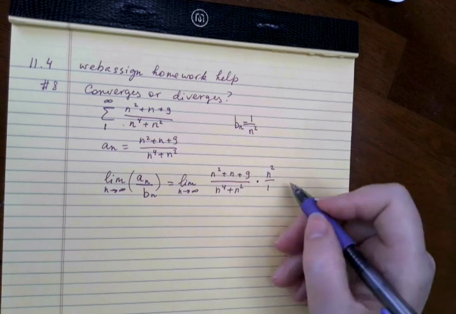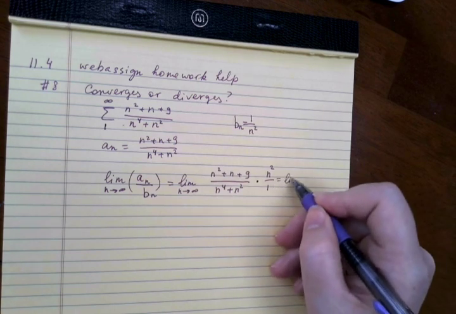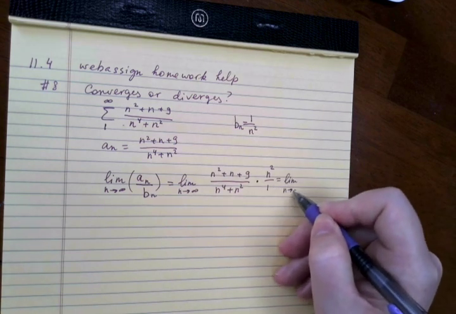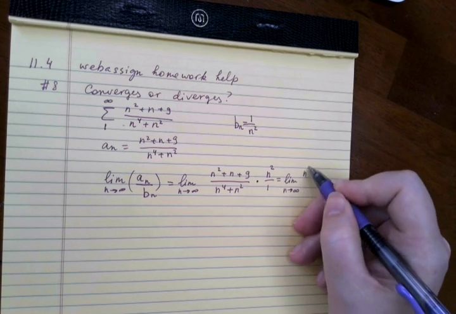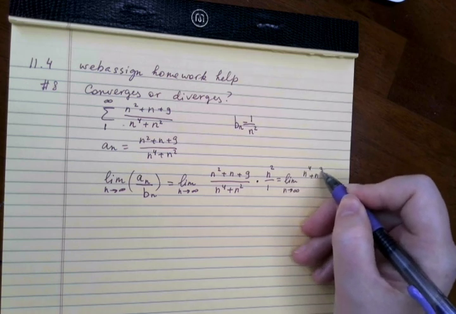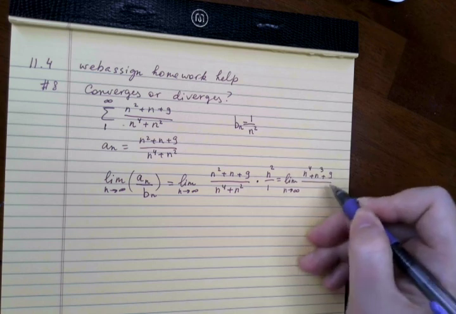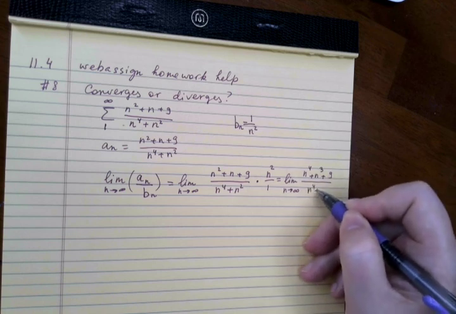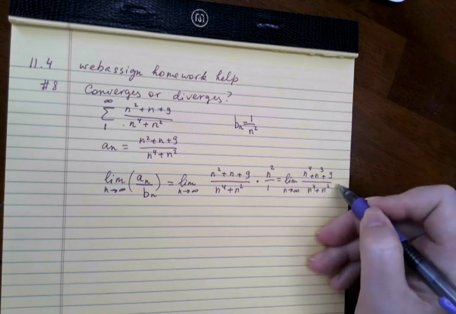Okay, so I'm going to get the limit as n goes to infinity of n to the fourth plus n cubed plus 9 n squared divided by n to the fourth plus n squared.